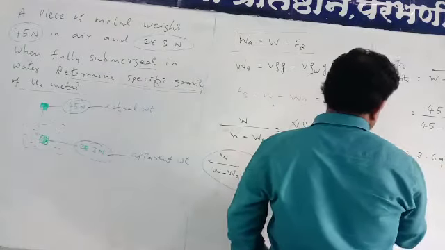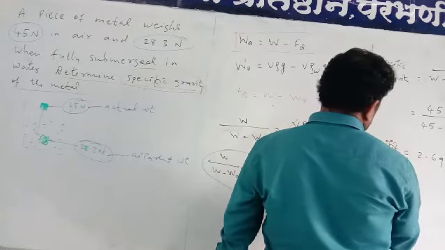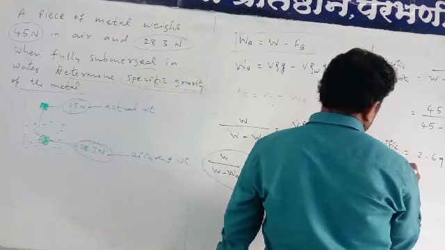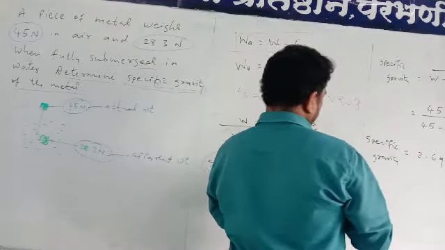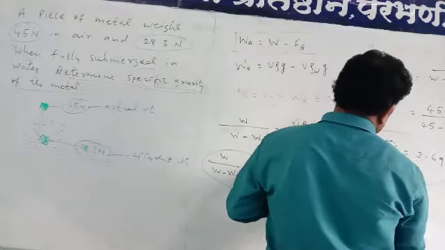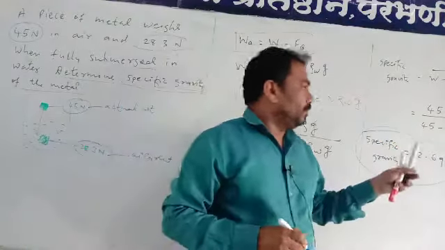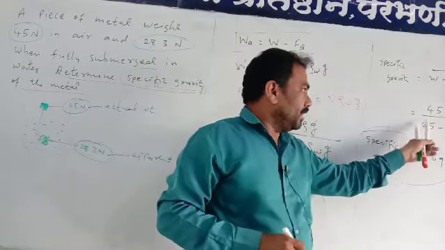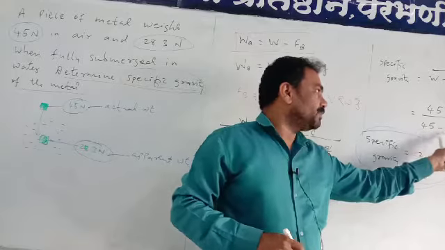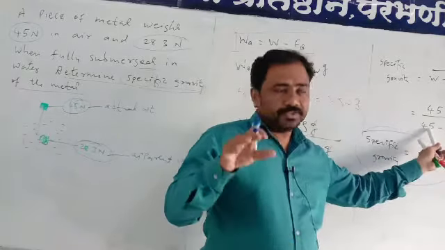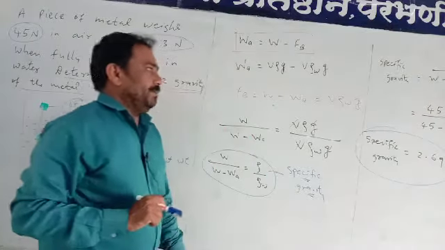So 2.69 is the specific gravity. You just have to do 45 divided by 45 minus 28.3, where 45 is the actual weight and 28.3 is the apparent weight.